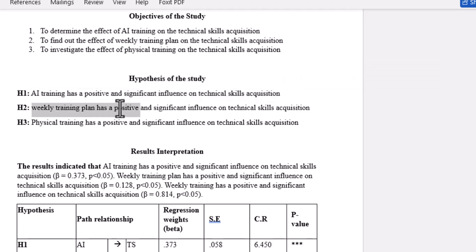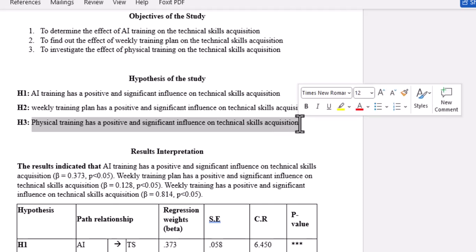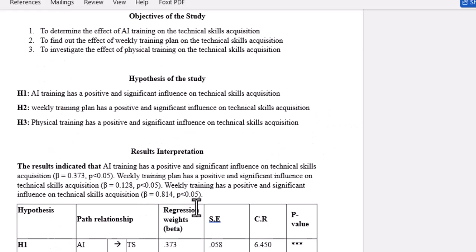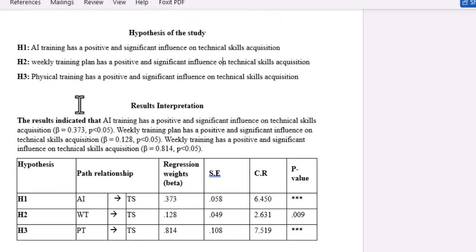Weekly training plan has a positive and significant influence on technical skills acquisition, and physical training has a positive and significant influence on technical skills acquisition. It means each of these independent variables has a positive and significant effect on TS. That is what we hypothesize, and that is what the literature review tells us.